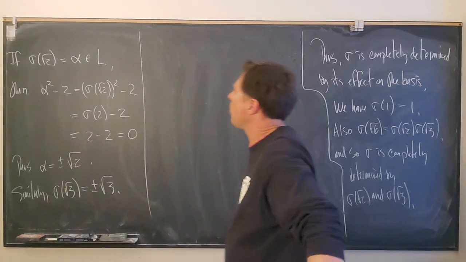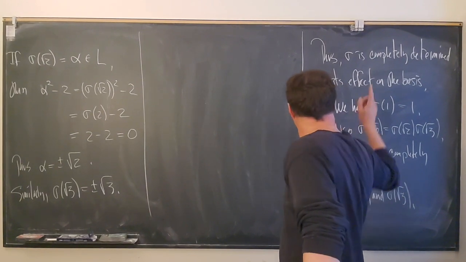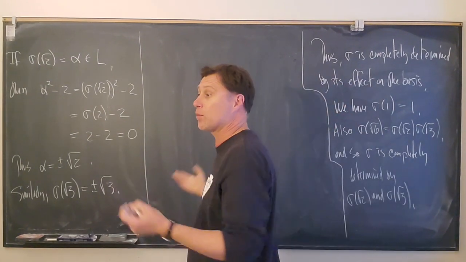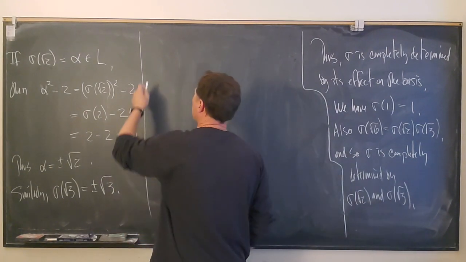Okay, so now I'm trying to make sense of what kind of automorphisms we have. Who are the automorphisms of L? Right, so it goes like this then.